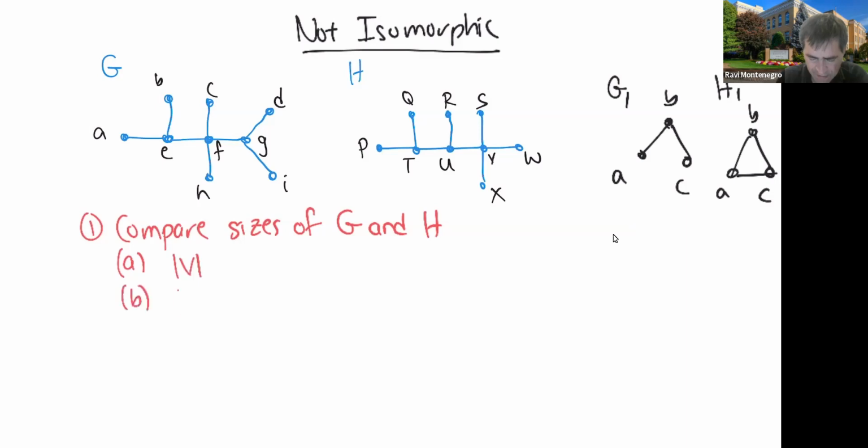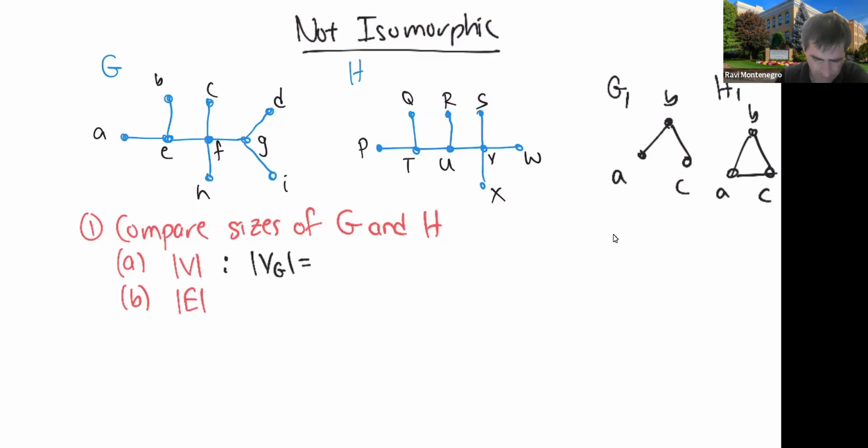Then, count the number of edges. And recall that that absolute value sign is called cardinality, and it means how many objects are in that set. So if the number of vertices and the number of edges are the same, then in a sense, they have the same size.